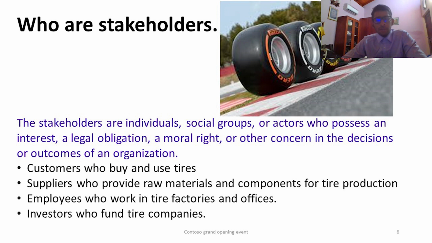Stakeholders are individuals, groups, or companies who possess an interest in the decisions or outcomes of an organization. In the given examples, you can get a clear idea of who the stakeholders are. When we talk about stakeholders regarding tire production, we will talk about the stakeholders who get involved from the rubber collecting stage until the packing stage.